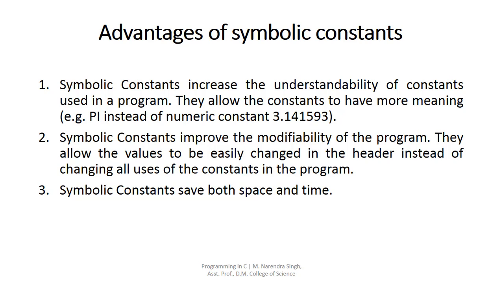But if we had used the symbolic constant pi, then we can just modify the symbolic constant definition only. Symbolic constants save both space and time. Obviously, writing the symbolic constant pi instead of the numeric value 3.141593 again and again saves both space and time.